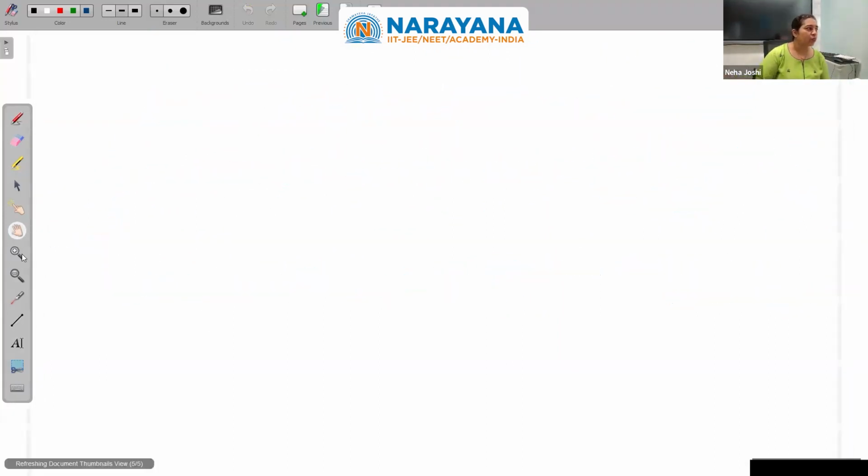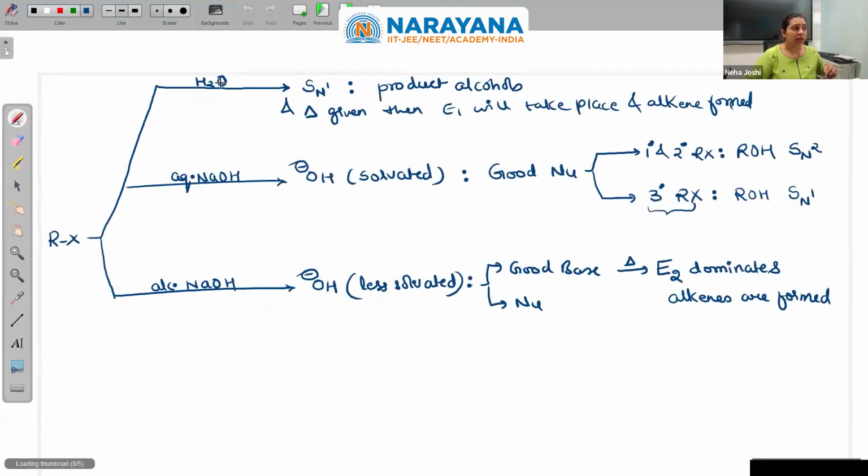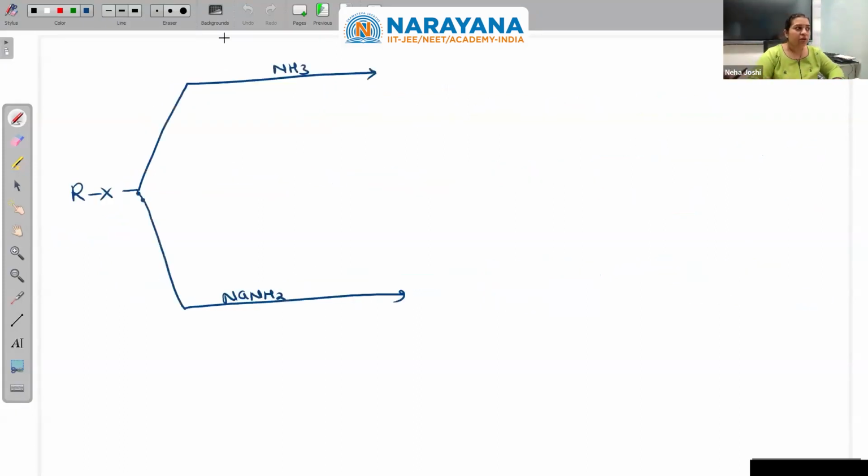Let me add more, in a similar way. For example, next comparison, if I have ammonia and if I have NaNH2, see the comparison. Ammonia and NaNH2 both have nitrogen as a donor. Yes, as compared to water where oxygen was a donor, nitrogen being less electronegative will definitely become a better nucleophile.